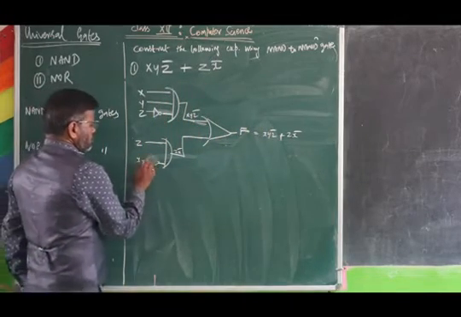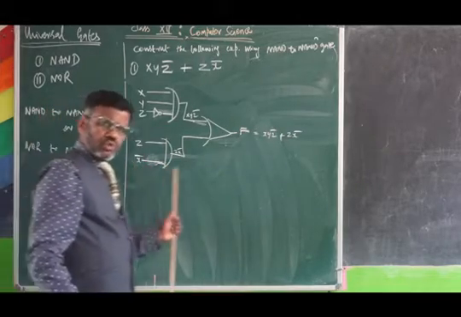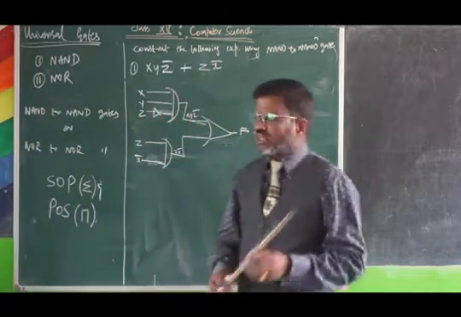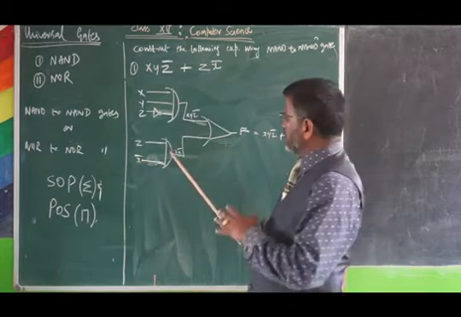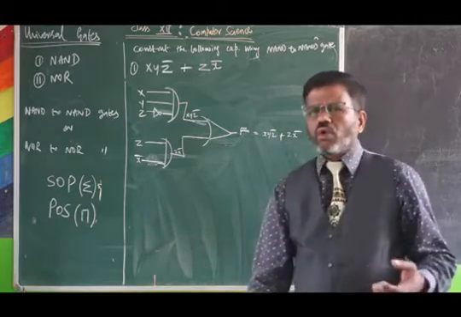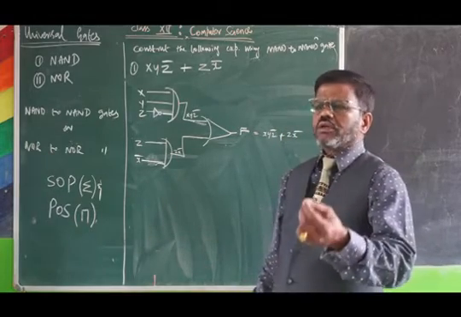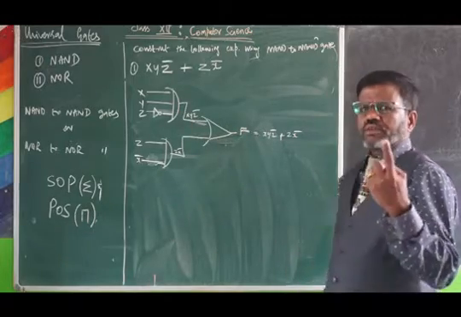Even if you do so, you will be given the full mark, because drawing this gate would be time consuming. They hardly allocate very few marks. So to draw this diagram, you will be given just a mark.